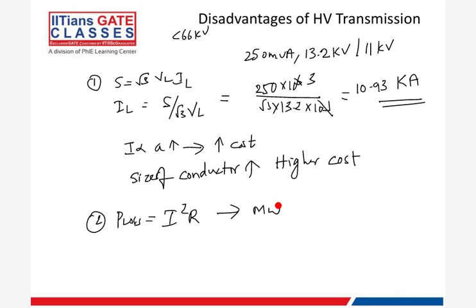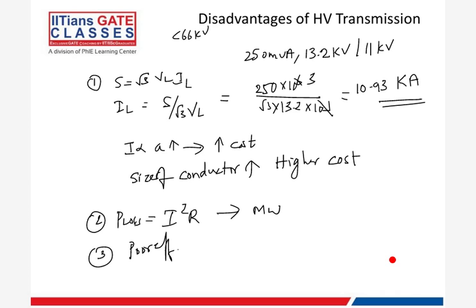So we will end up having megawatts of power losses, approximately, give or take, which due to higher losses will result in poor efficiency, right? This whole issue is coming because of the higher current.